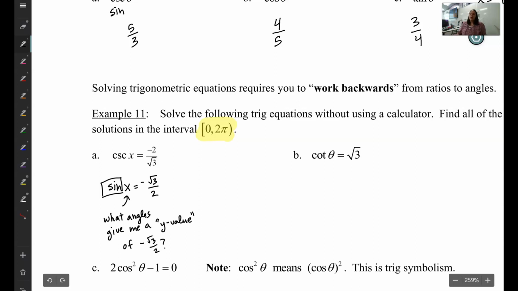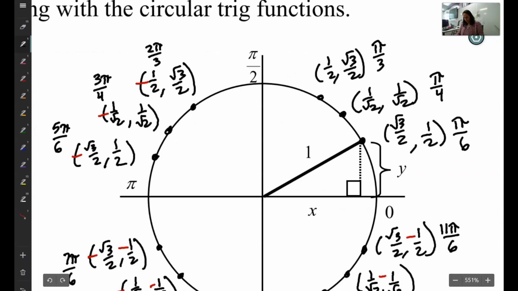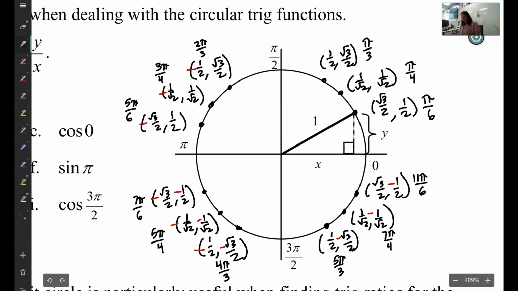So I'm going to look at that unit circle I just drew, and I want to find -√3 over 2 as a y value. So I go back up here. Where is -√3 over 2 the y value? Well, I have one here and one there.